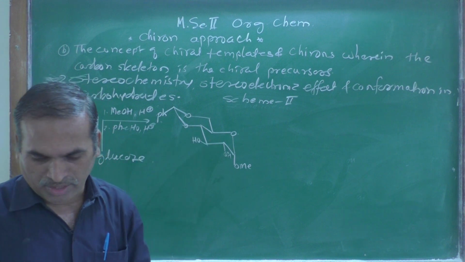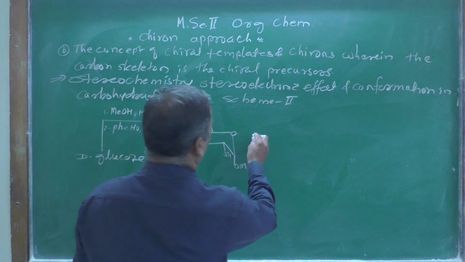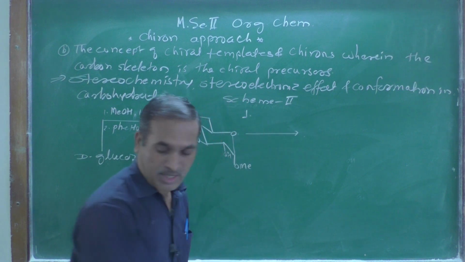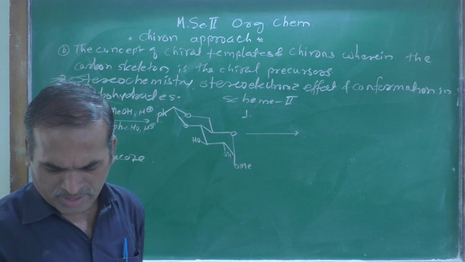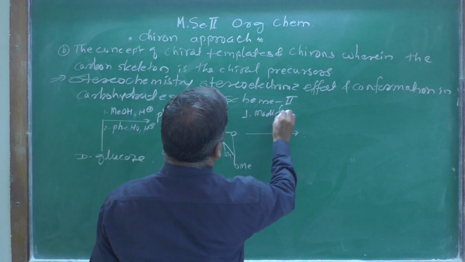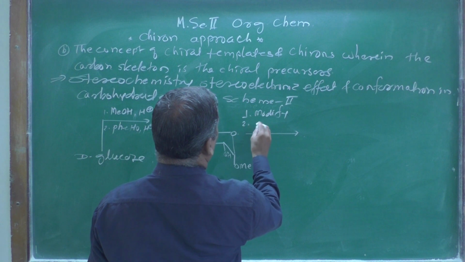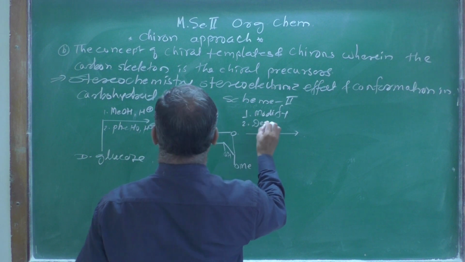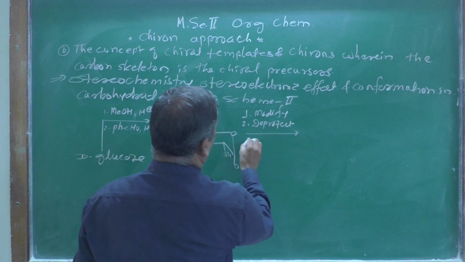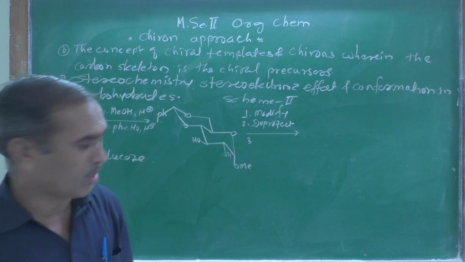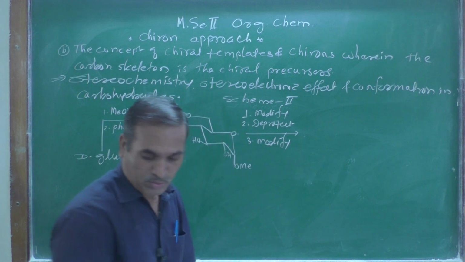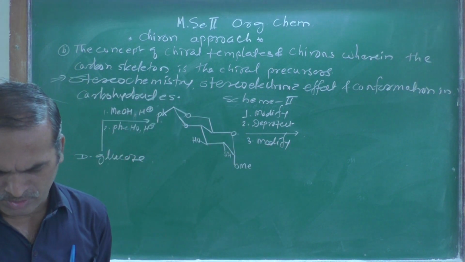Then you can treat this compound with step one, modify; second, deprotection, because it is a protection process, so deprotect it; and third, modify again. What do you get after modifying everything?